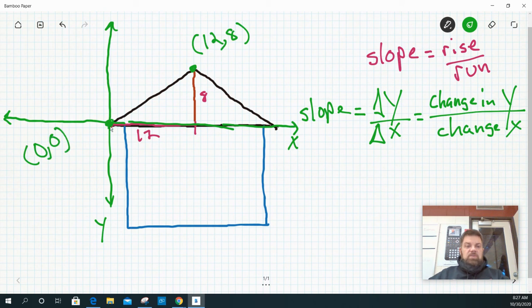In this particular case, because it starts at the origin, I could just count the change in y, which is 8 units, versus the change in x. So this is like the change in x. We go from 0 to 12 in the x direction. And then this would be what we would call the change in y.